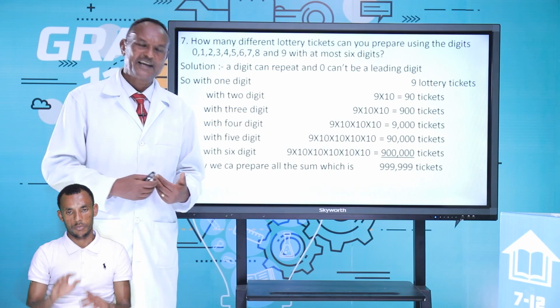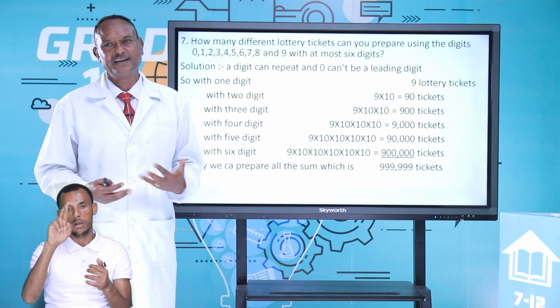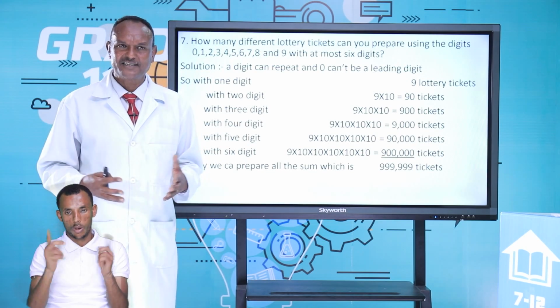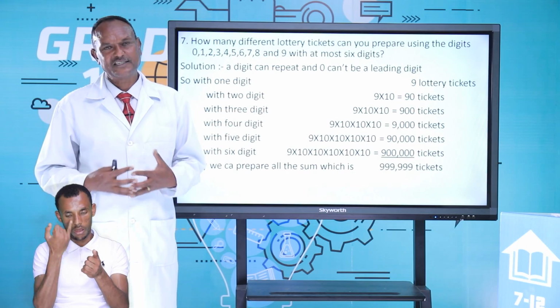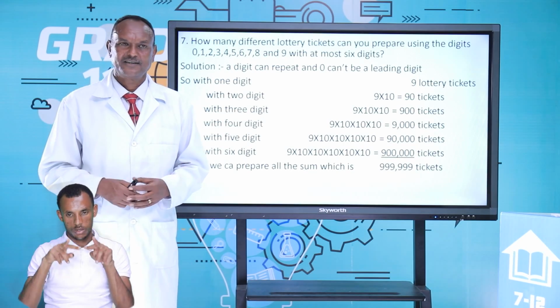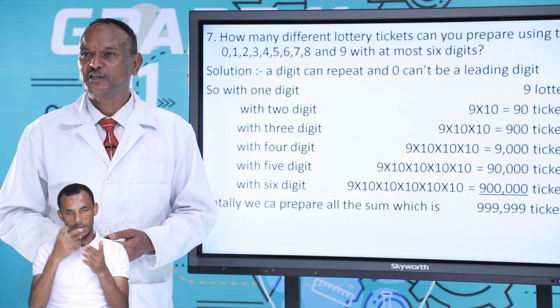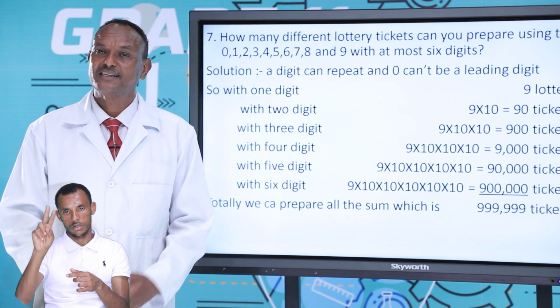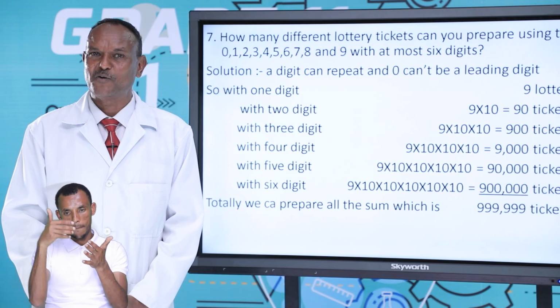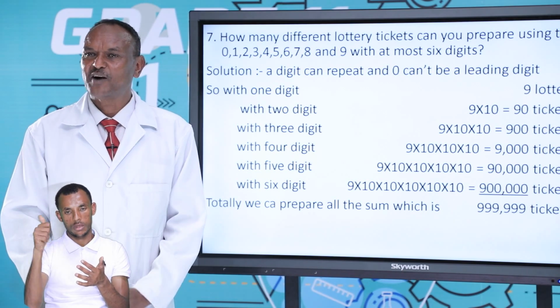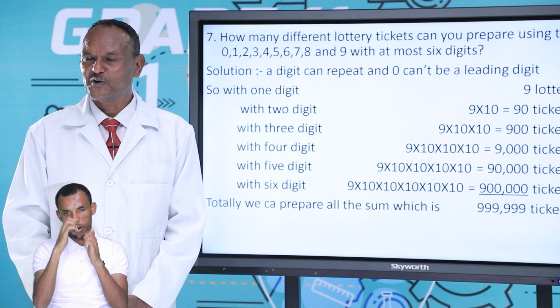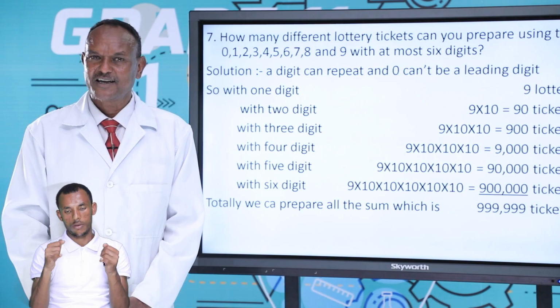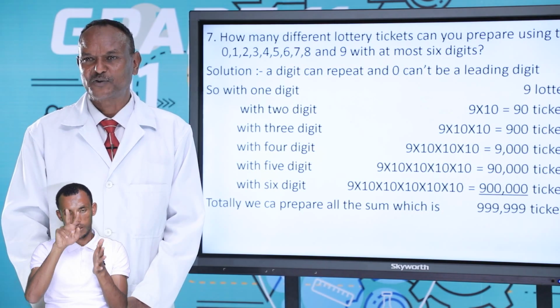We have ideas of permutation. When objects are arranged, if order is taken into consideration, such arrangements we call permutations. The permutation of n, r can be evaluated as n factorial divided by n minus r factorial.